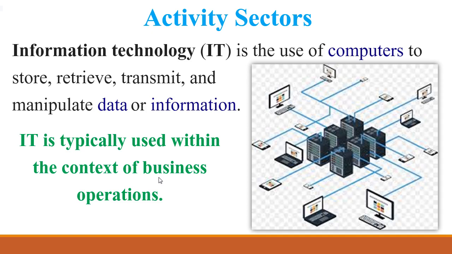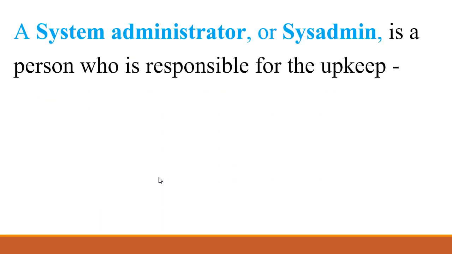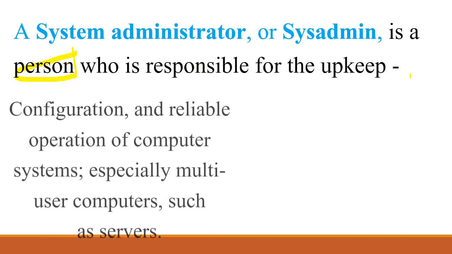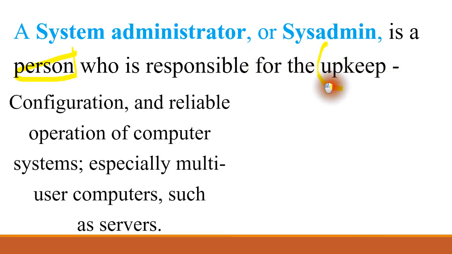Now, what is a system administrator or system admin? So guys, very simple. A system admin is a person. First of all, he's a human being who is responsible for the upkeep. He has certain responsibilities to keep certain things up all the time: the configuration and reliable operation of computer systems.